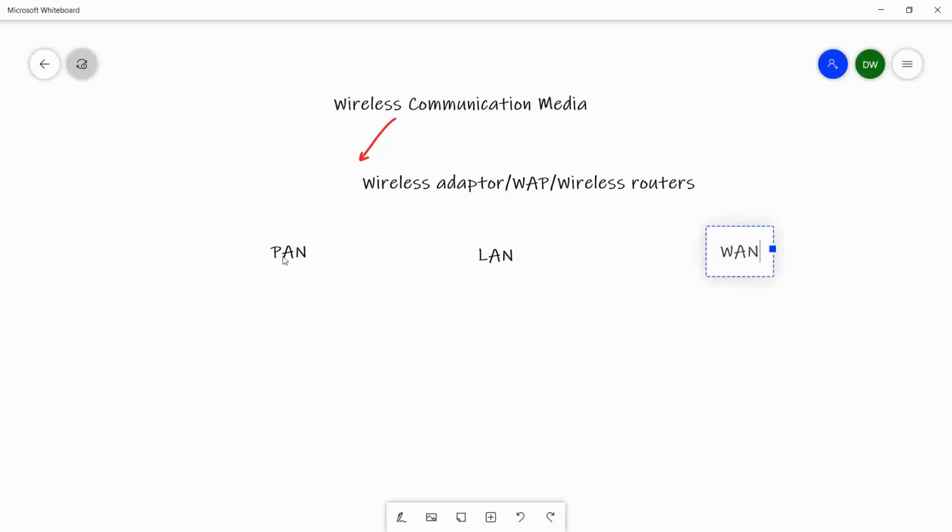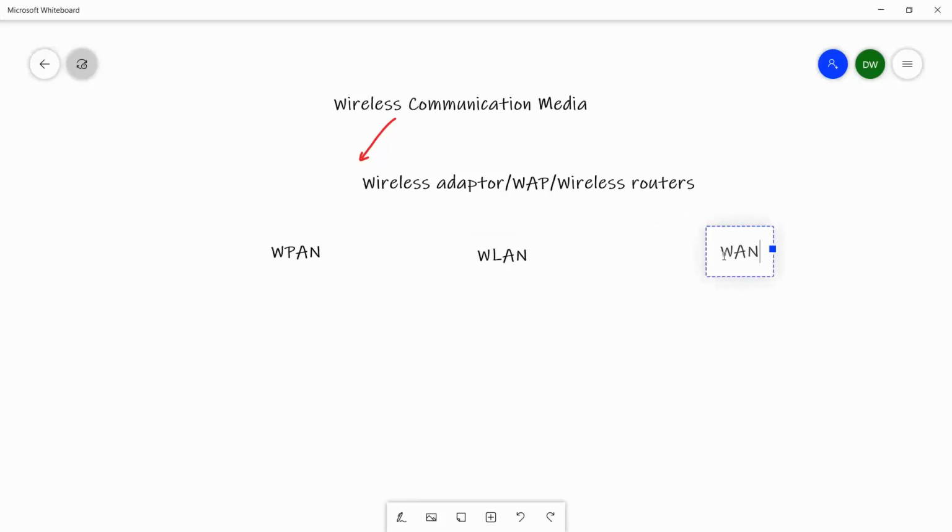So when we use a personal area network using a wired connection, it is PAN. When we use the personal area network using a wireless connection, we put the letter W here, that means it becomes WPAN, right? That means wireless personal area network. And when it comes to LAN, local area network, if we put W here, this becomes wireless local area network.